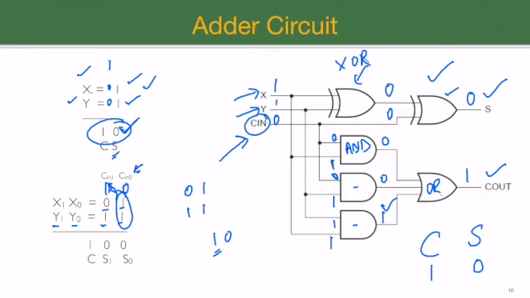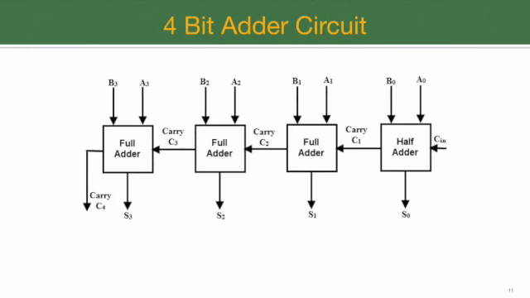Okay, so this is the adder circuit, a single bit adder circuit with a carry added into it. Okay, now if we want to add multiple bits like this one, what do we have? We just use the adder circuit that is shown, and we can perform multi-bit operation.